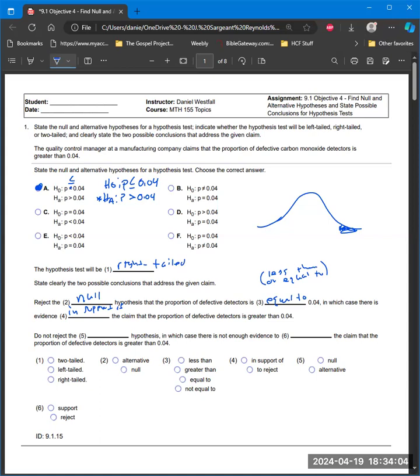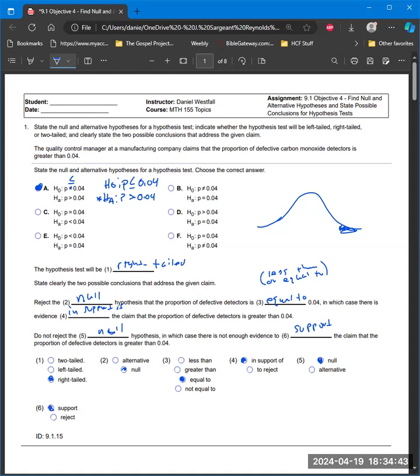Or we do not reject the null hypothesis. We fail to reject the null hypothesis, however you hear me say that, in which case there's not enough evidence to support the claim that the proportion of defective detectors is greater than 0.04. So let's just fill in those blanks. We have right-tailed, we have null, we have to choose equal to here, even though that's not my choice, in support of, null, and support.